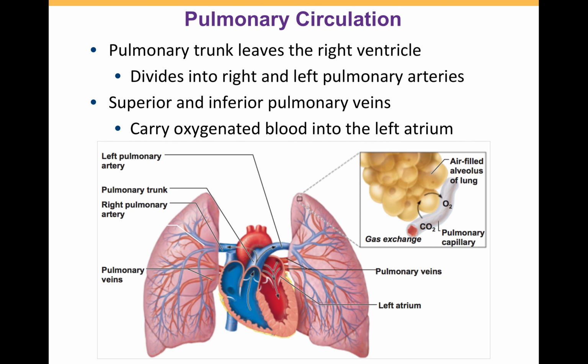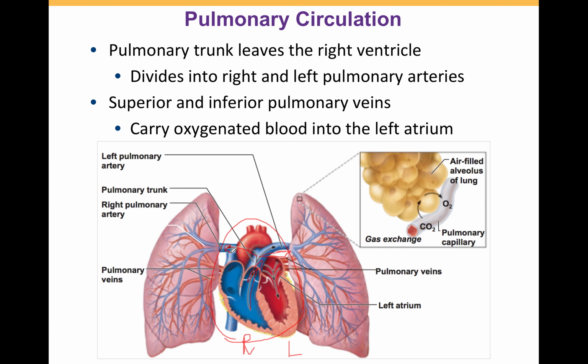So this slide is focusing on pulmonary circulation. We already discussed this earlier, so just to review, if you take a look at the picture I have here, you have your heart at the center. Remember that this is a mirror image of the anatomical positioning. So this side is the left side, and the side that is represented in blue is the right side. From the right side of the heart, you see blood going up and out to your left and right lung.